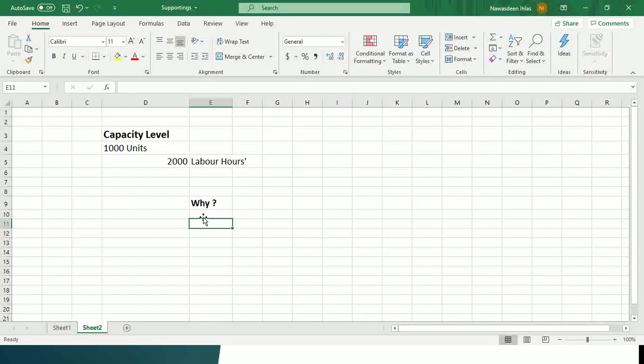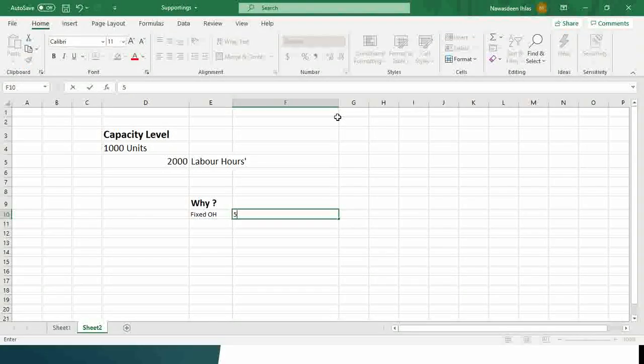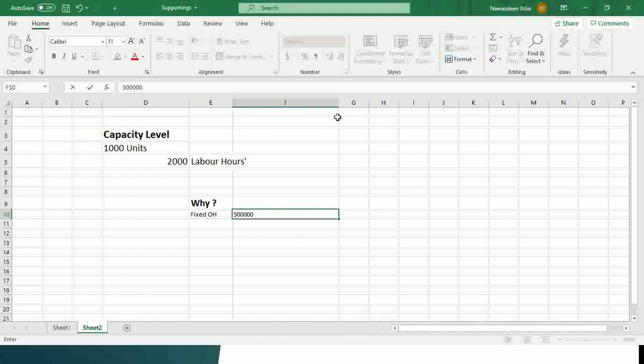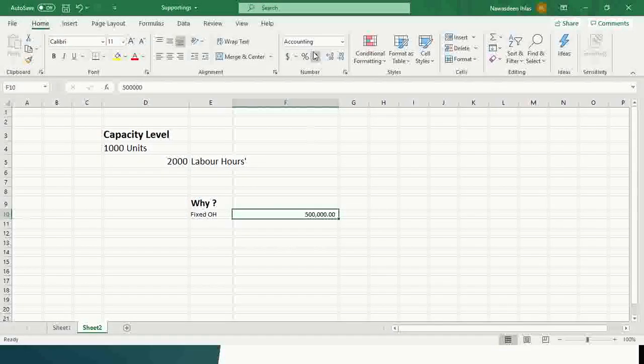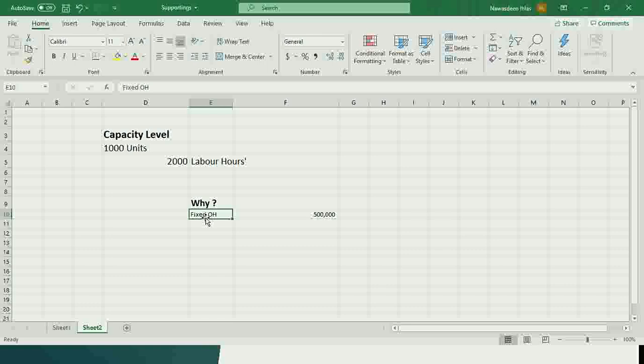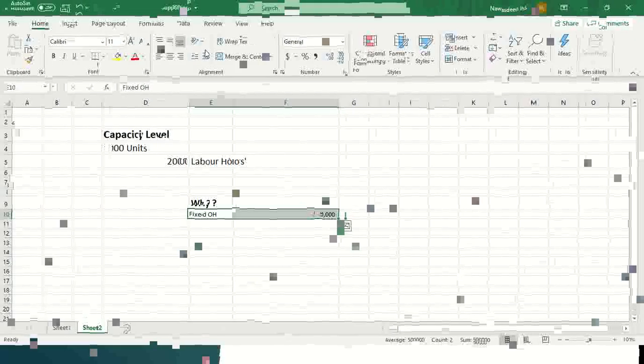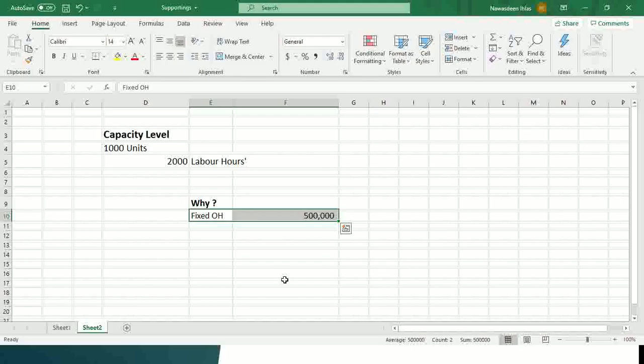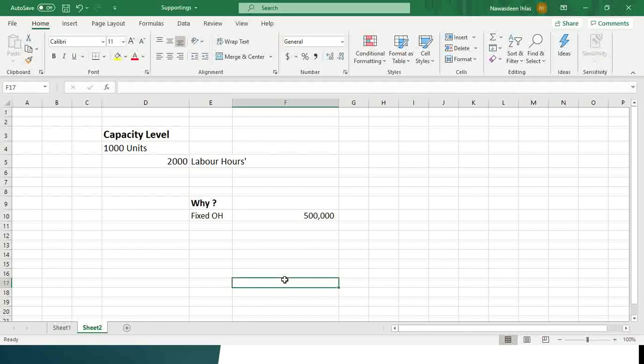If an organization is following standard costing, they want to absorb their fixed overheads. Let's say their fixed overheads are 500,000 for a particular period. An organization is following standard costing, and they want to find the cost of a product.